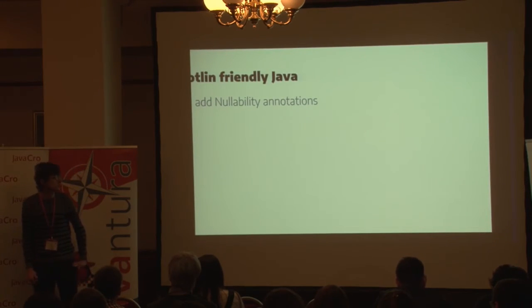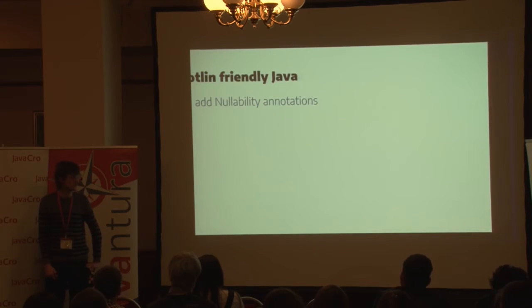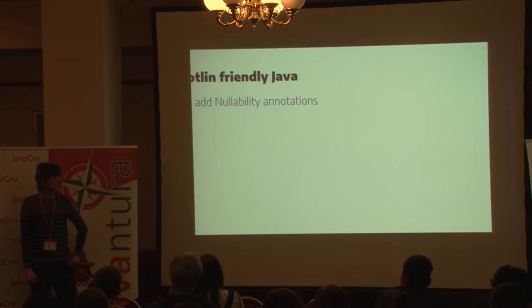But when using code from Java, a third type is introduced. That one is called platform nullability, and it basically means that it can be null, but is not guaranteed to not be null. And Kotlin simplifies it a bit by not forcing you to do null checks on that type.